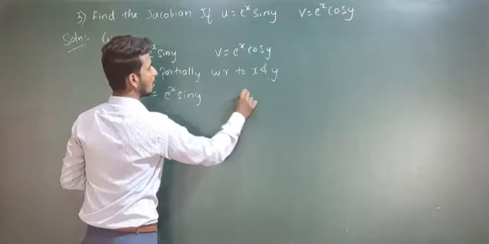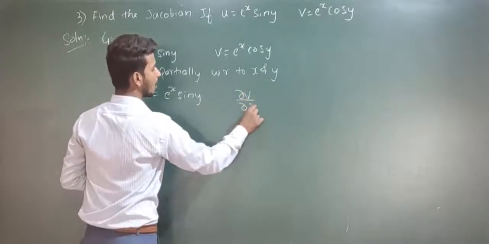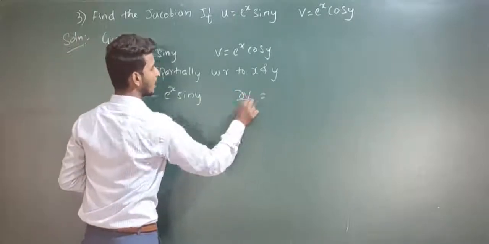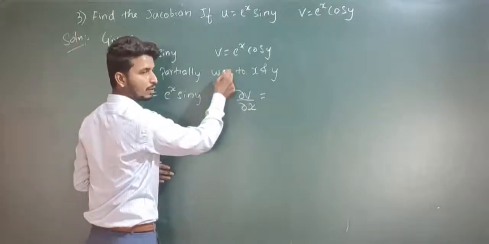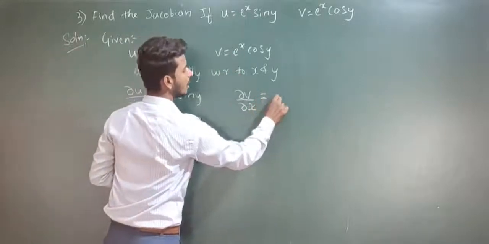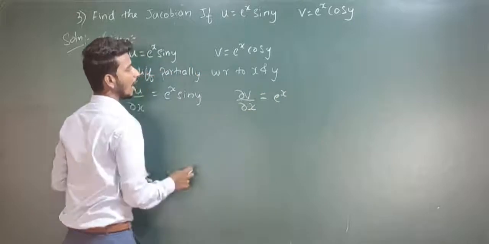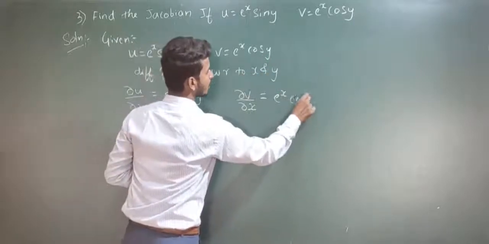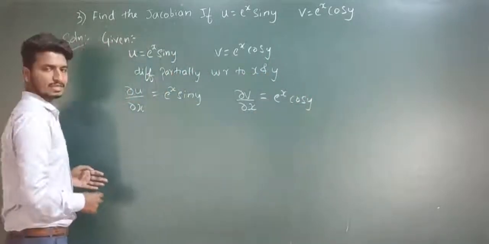Next, dou v by dou x. Here also differentiation of e raised to x is e raised to x into cos y. E raised to x cos y.